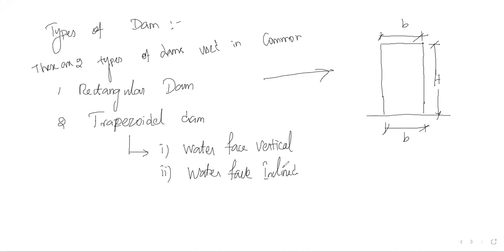These two types we can have generally. In the first case, the water face is vertical, so the structure will be like this. This is also one kind of trapezoidal. In the second case, the water face is also inclined, like this, and it is going to withstand the water.